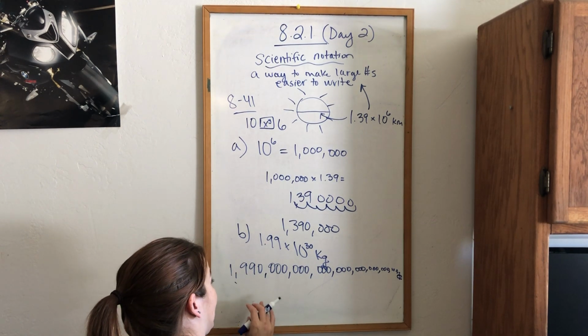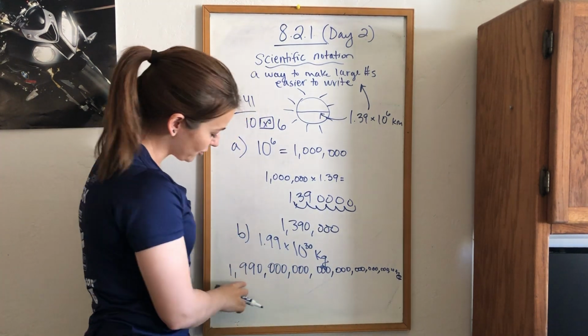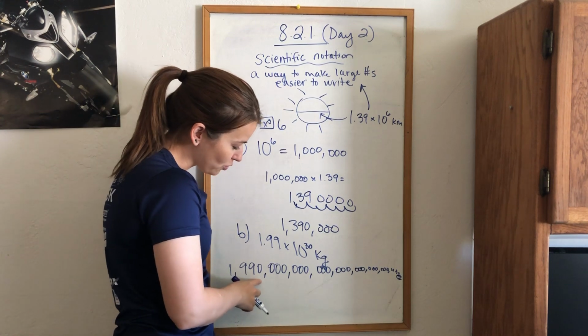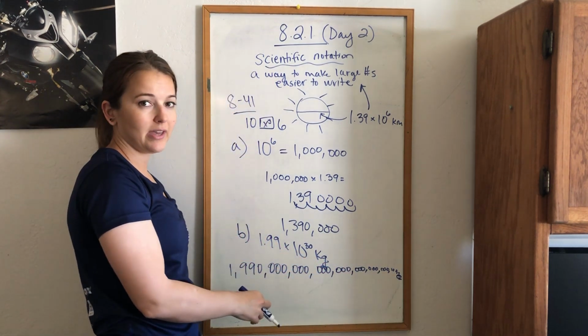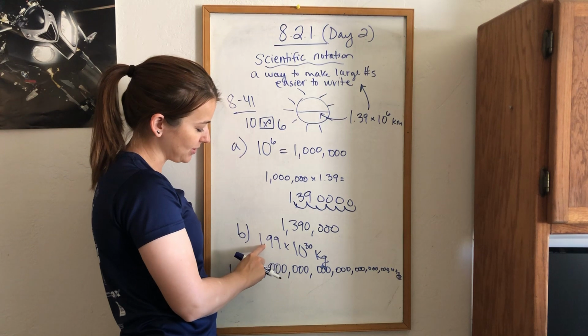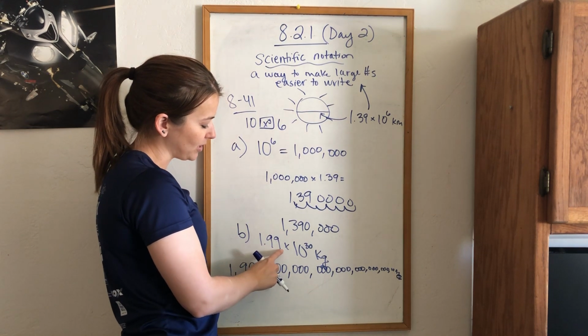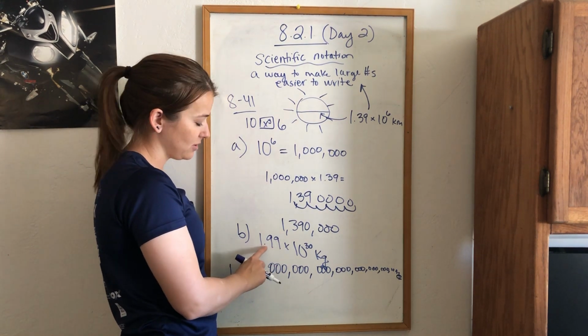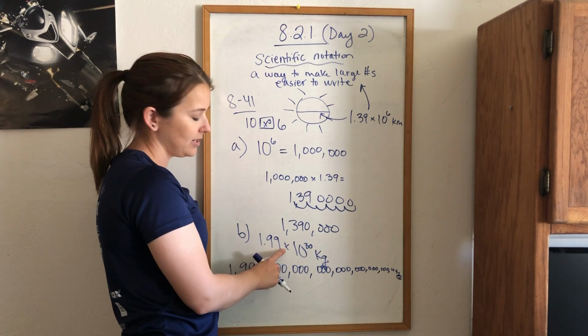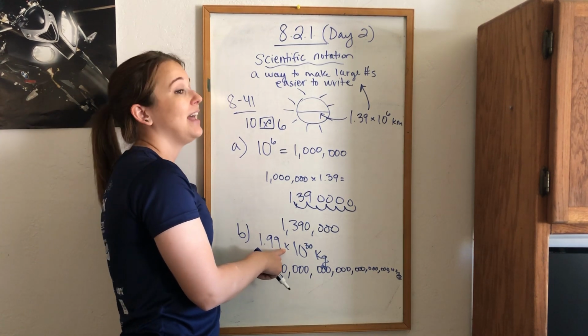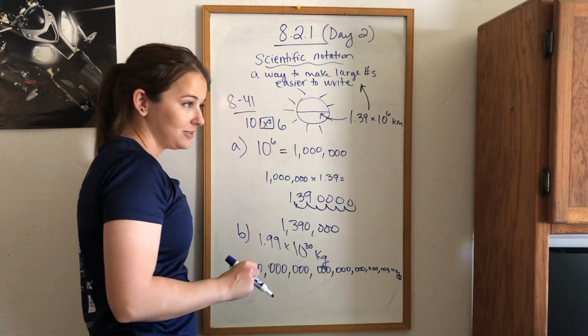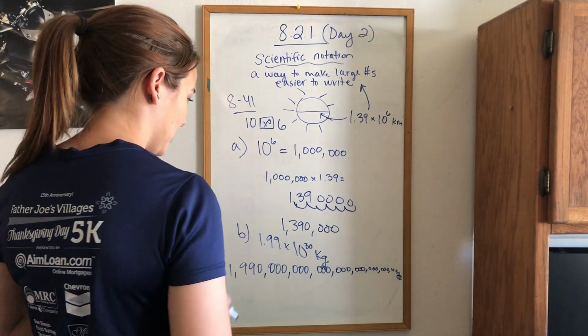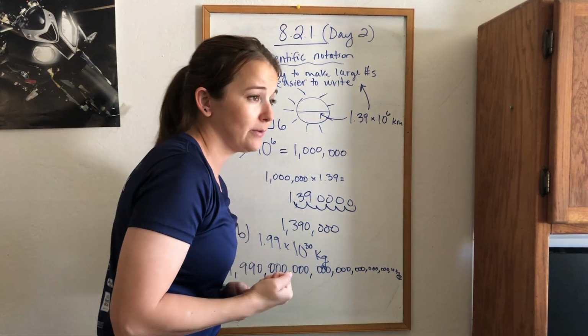So it's basically 199 with 28 zeros after it. You'll notice that the first two decimal moves don't make any zeros. They just make 1.99 into 199. And then 28 more moves would give you the zeros.